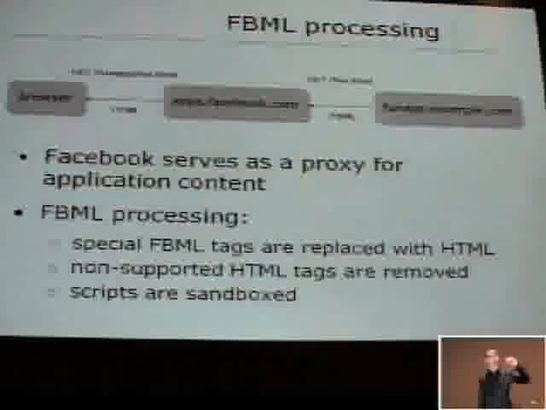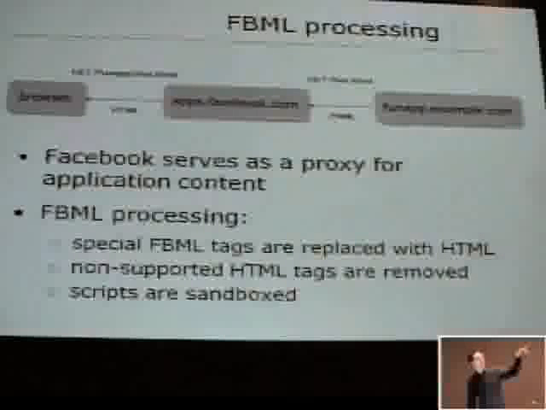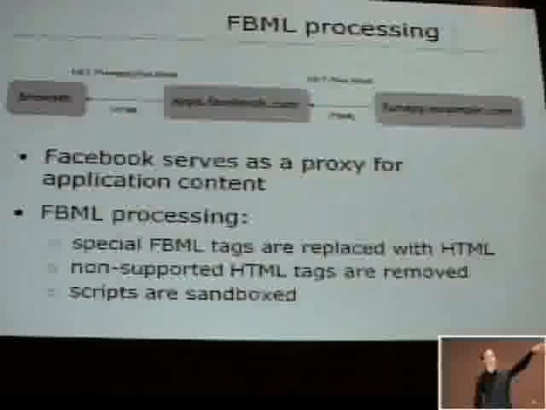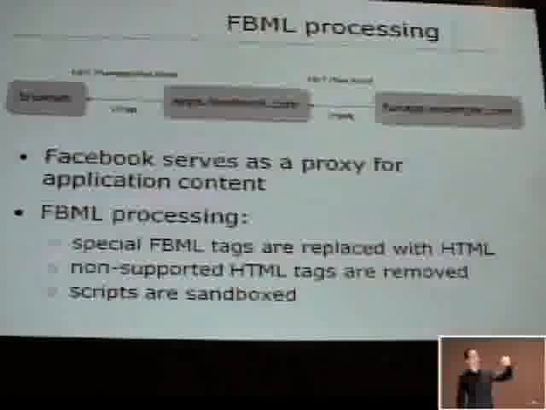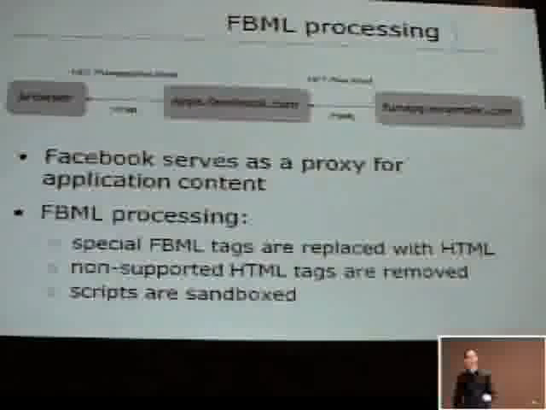This is the typical architecture for a Facebook app. You have the browser, and the browser requests an application page from the apps.facebook.com domain. Then apps.facebook.com serves as a proxy, and it requests that page from the site of the developer, for example, funapp.example.com. Then the third-party site does whatever it needs to do.